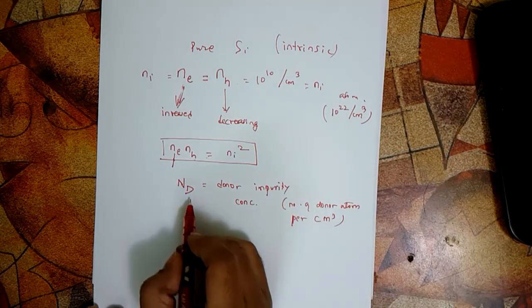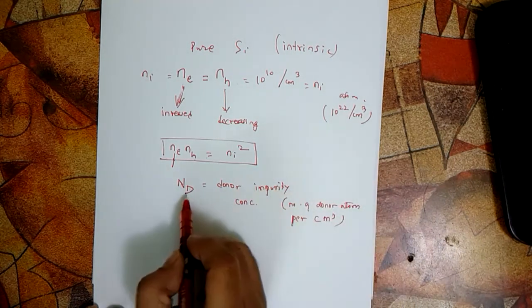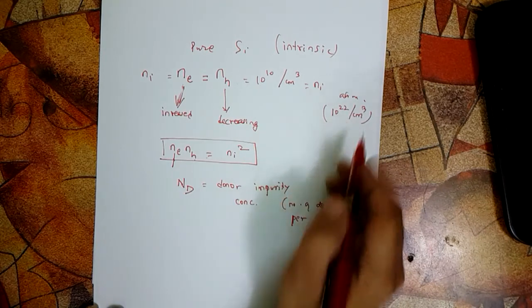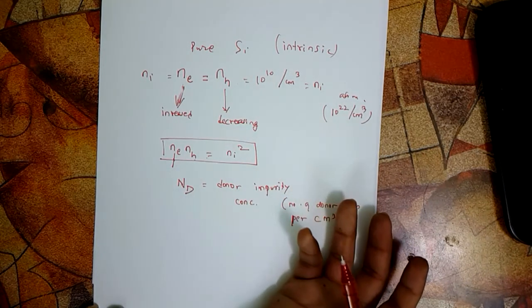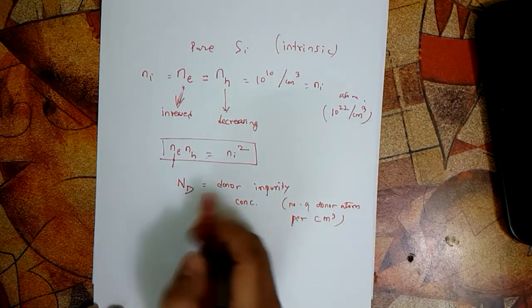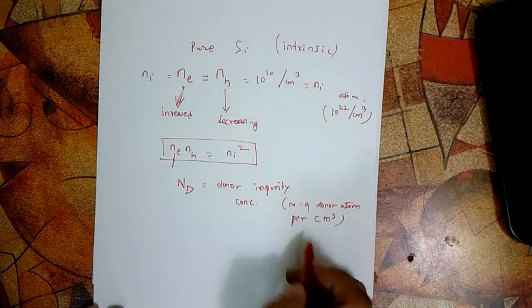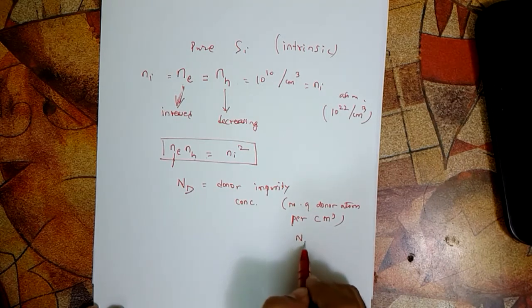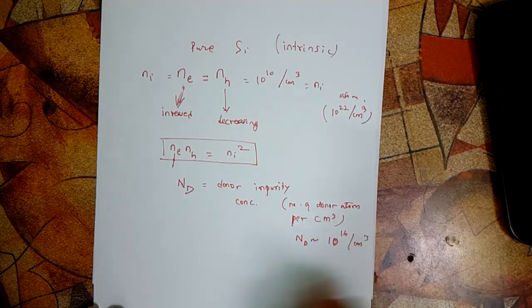Now the donor impurity is kept quite low as compared to the silicon concentration. So obviously if we put too much impurity, then instead of silicon it will become actually phosphorus, isn't it? We don't want to convert the silicon into phosphorus, we want the silicon to remain silicon, but with some impurities. So for example, the donor impurity concentration is somewhere around 10 raised to 16 per centimeter cube.